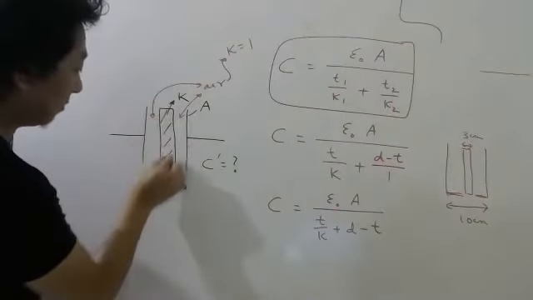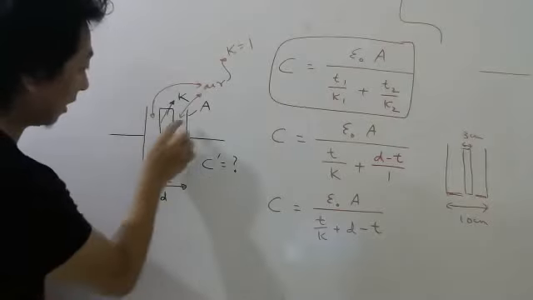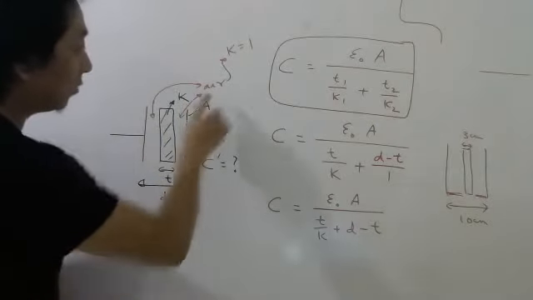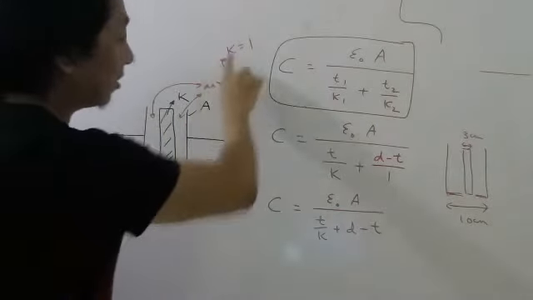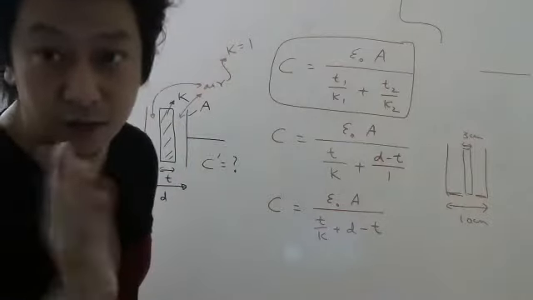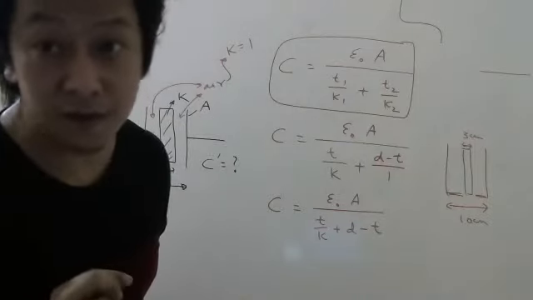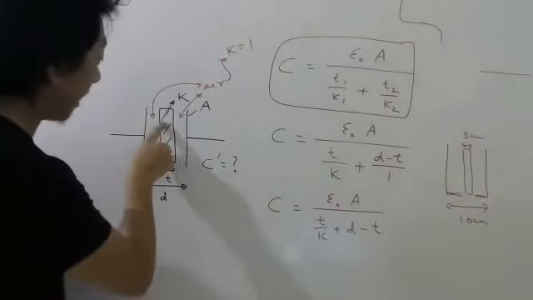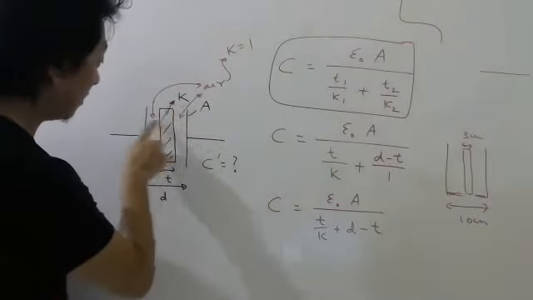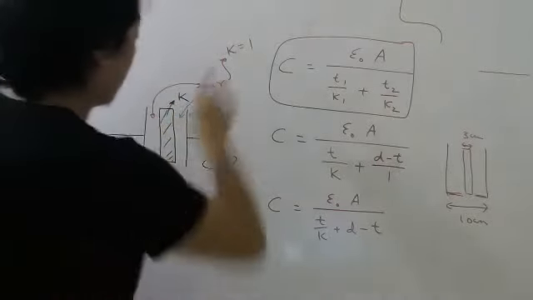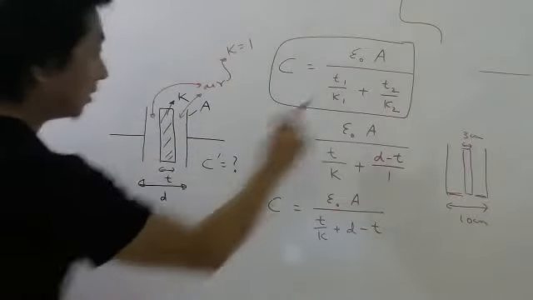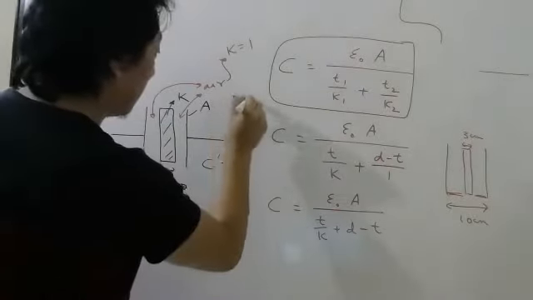This is one medium and the other medium is air. For air, what is the dielectric constant? 1. We all know that. If you don't know, please check our previous videos. So this has dielectric constant K. This remaining part is 1. So what is the first thickness? So T1 is T.